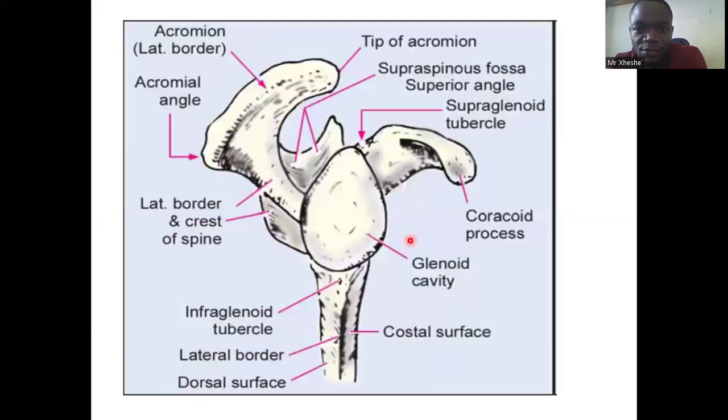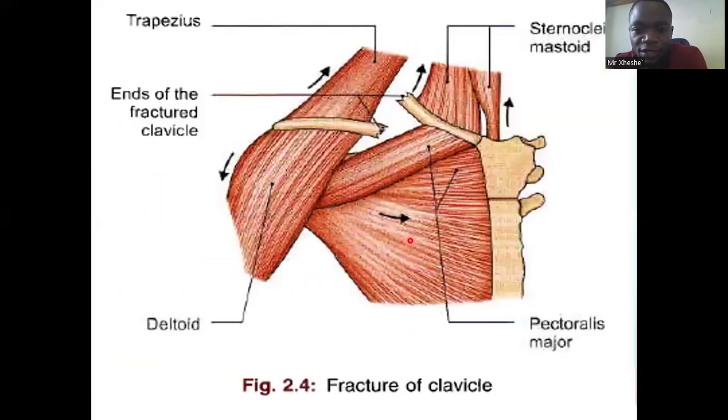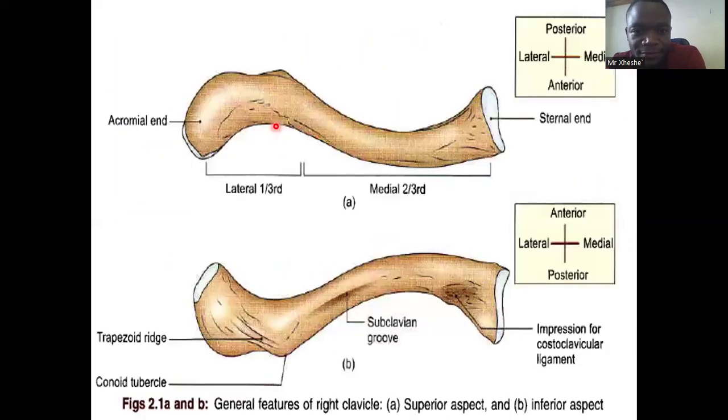So let's start with the sternum one. You see that joint there? This is the clavicle, this is the sternum. So it's easy to make up the name of this joint: sternum and clavicle, so it's called the sternoclavicular joint. What of the joint that will be made between the clavicle and the scapula?